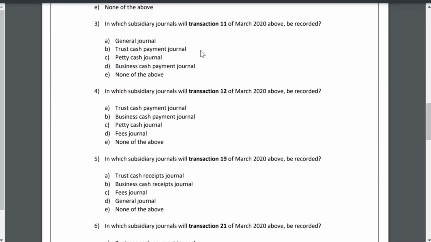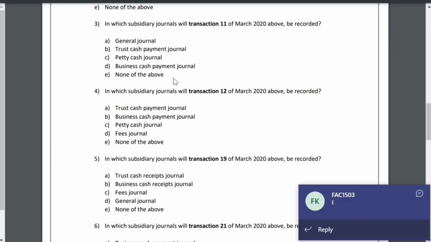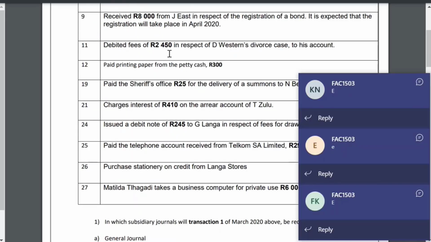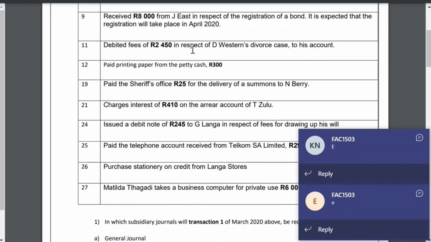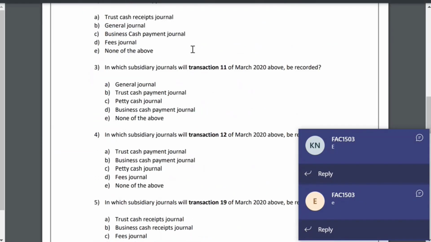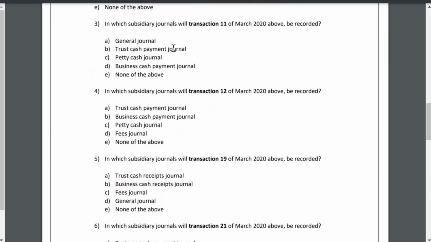The options are General Journal, Trust Cash Payment Journal, Petty Cash Journal, Business Cash Payment Journal, or none of the above. How will you record transaction number 11, debit fees of 2,450 in respect of the Western divorce case?